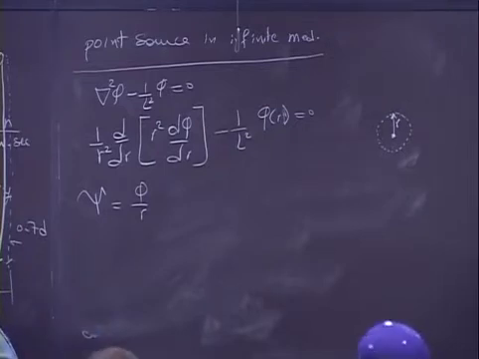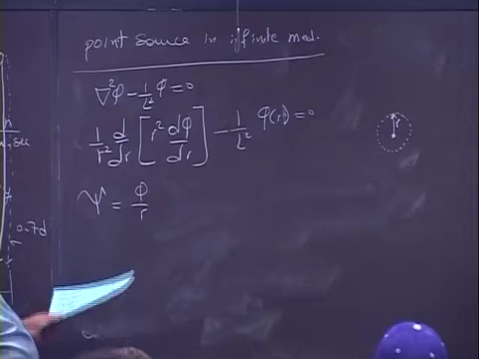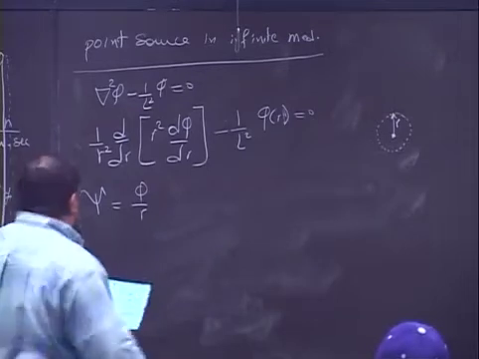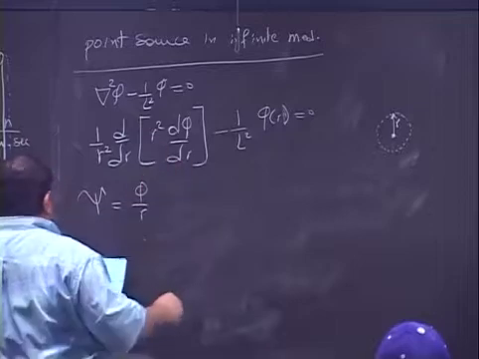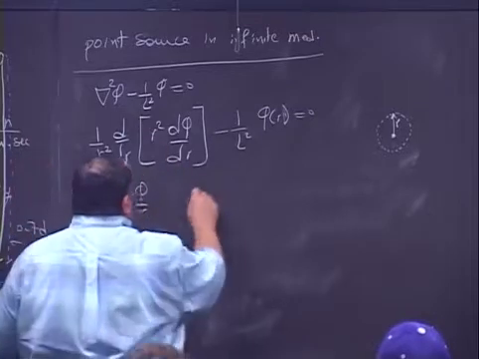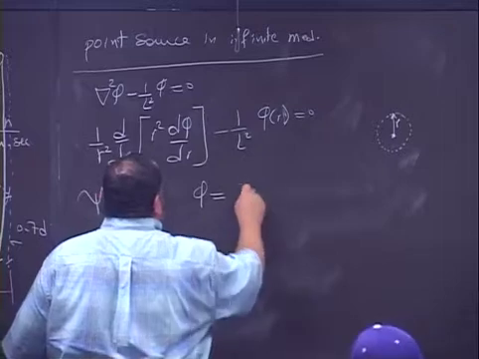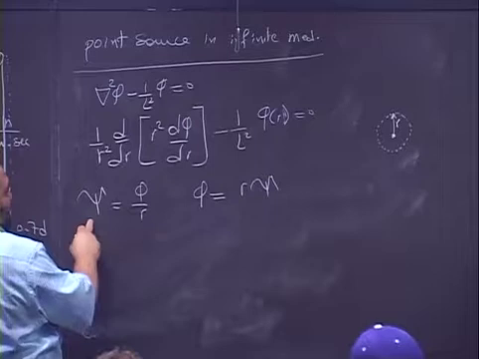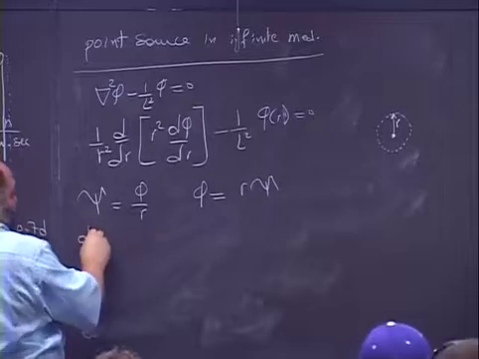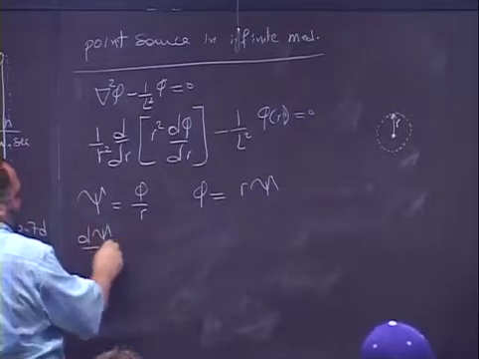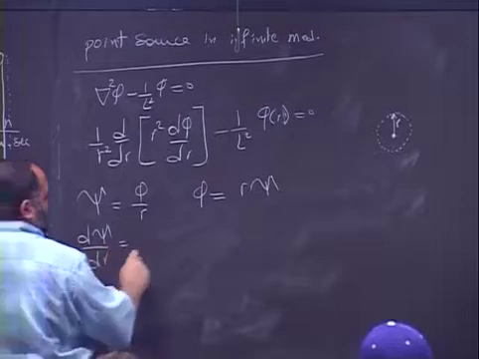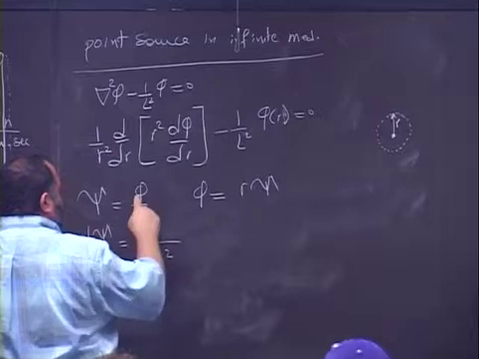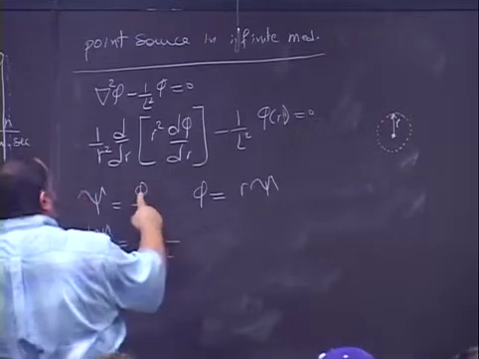Okay, guys? So I will do it like this. So to do this change here, phi will be equal to r psi. If you do this change, you will notice that d psi by dr is nothing more than 1 over r square, and this will be what?